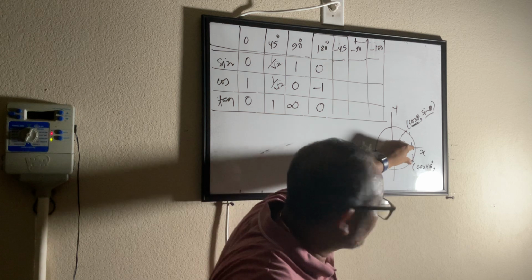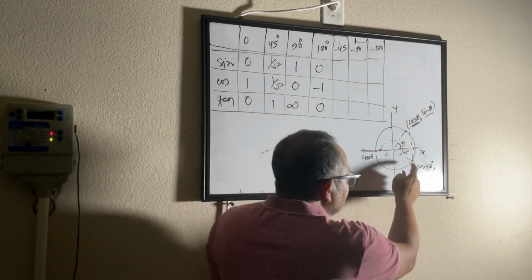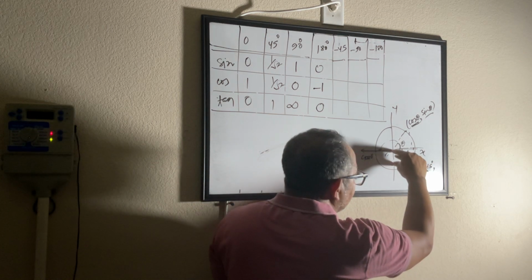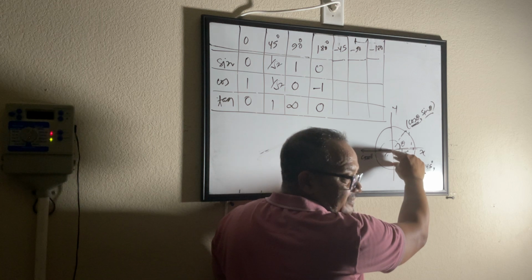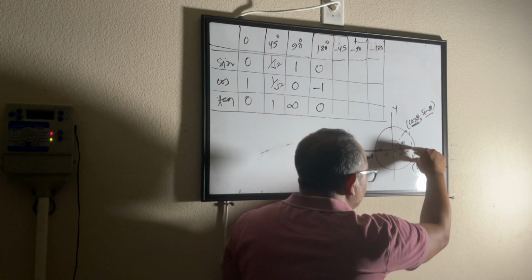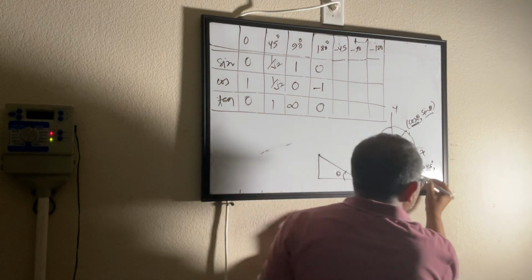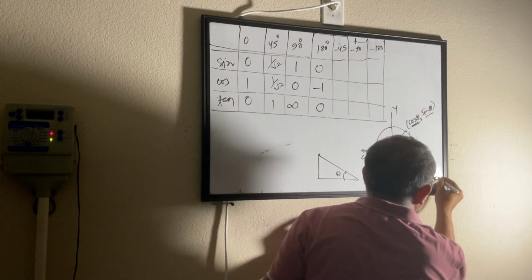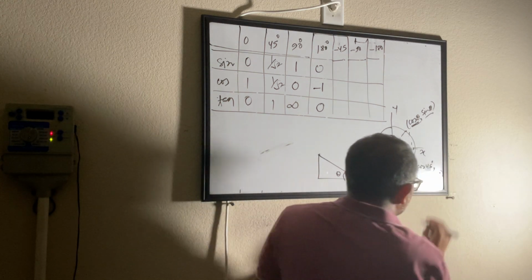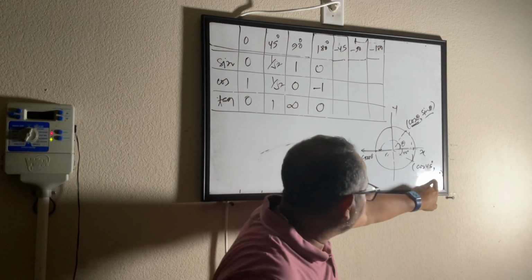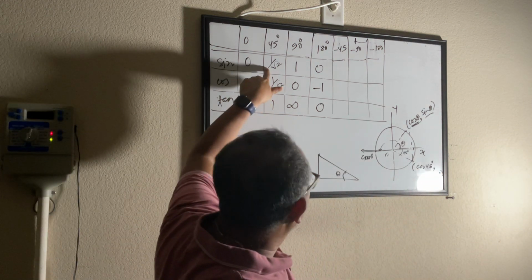If you look at the y coordinate, since this is falling in the 4th quadrant, my y coordinate will be negative. So this absolute value is the same as this one, but in the negative direction. It is the same as minus of sine of 45 degree. Sine 45 is 1 by root 2.